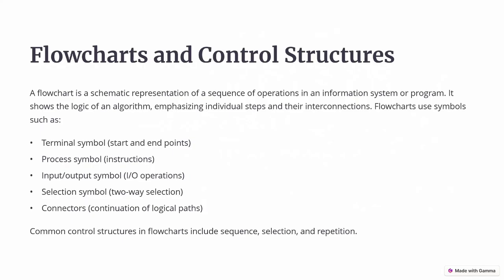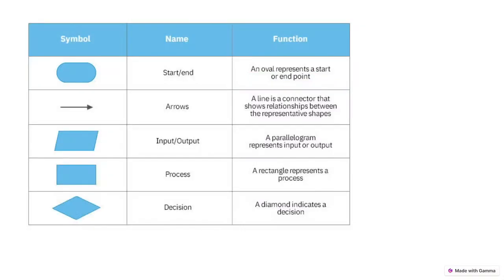Flowchart. A flowchart is a schematic representation of a sequence of operations in an information system or program. It shows the logic of an algorithm, emphasizes individual steps and their interconnection. Flowcharts use symbols. These are the symbols of a flowchart.